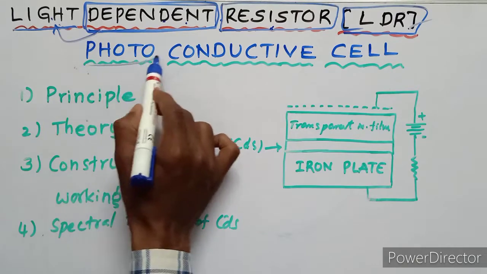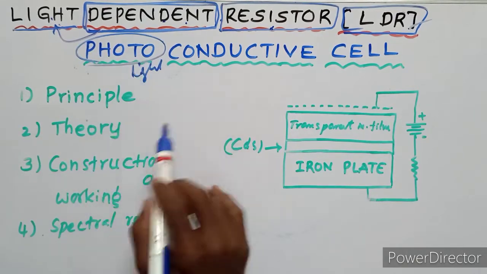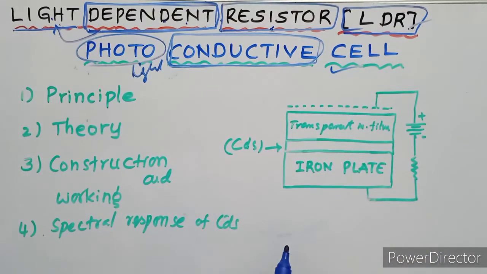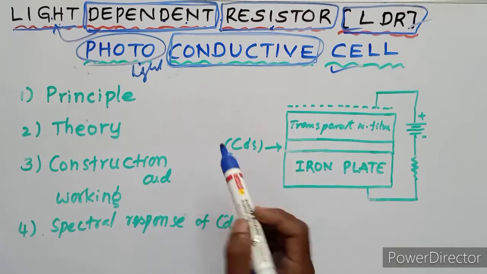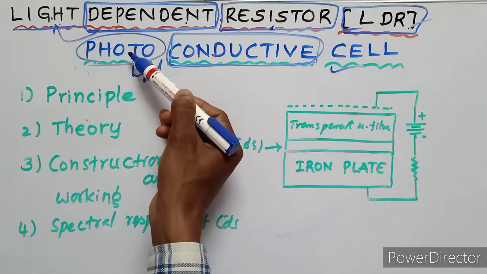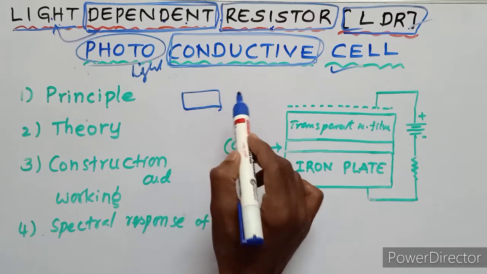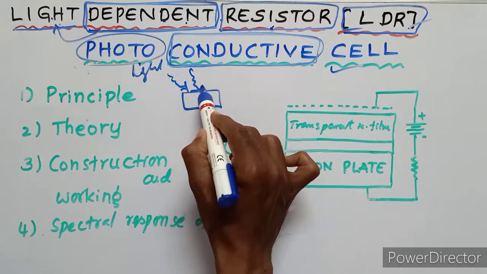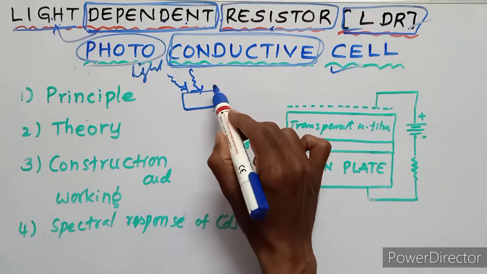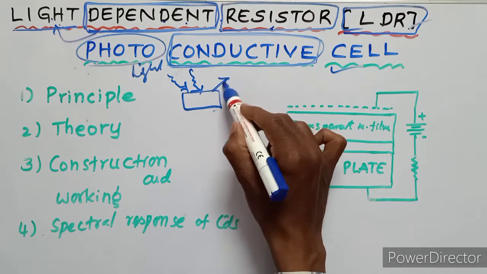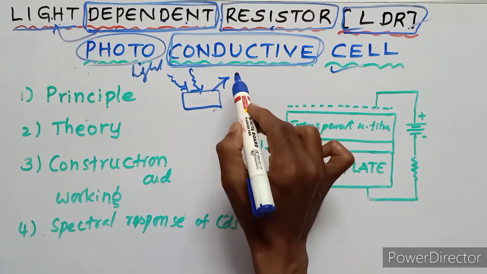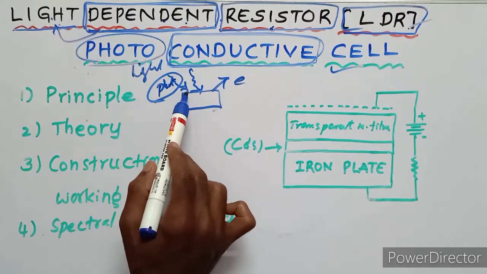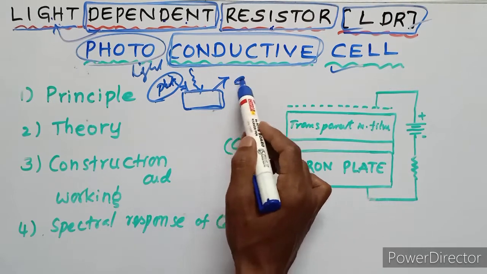Photoconductive cell means photo means light, conduction cell. That means when light is incident on any metal, electrons are emitted. This is the photon, light incident on any metal, and electrons are emitted.